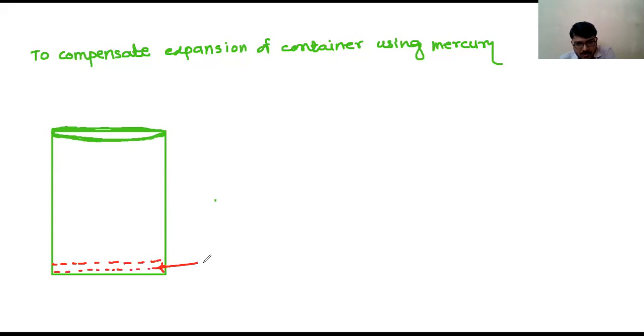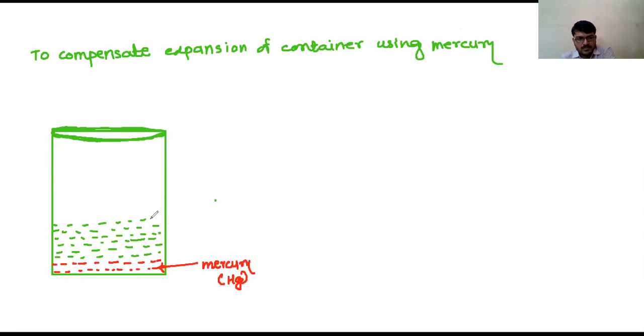So this is mercury, that is Hg. Mercury is placed below in the container, and above it we have taken liquid. You can consider it as water also. Let us take it as water.